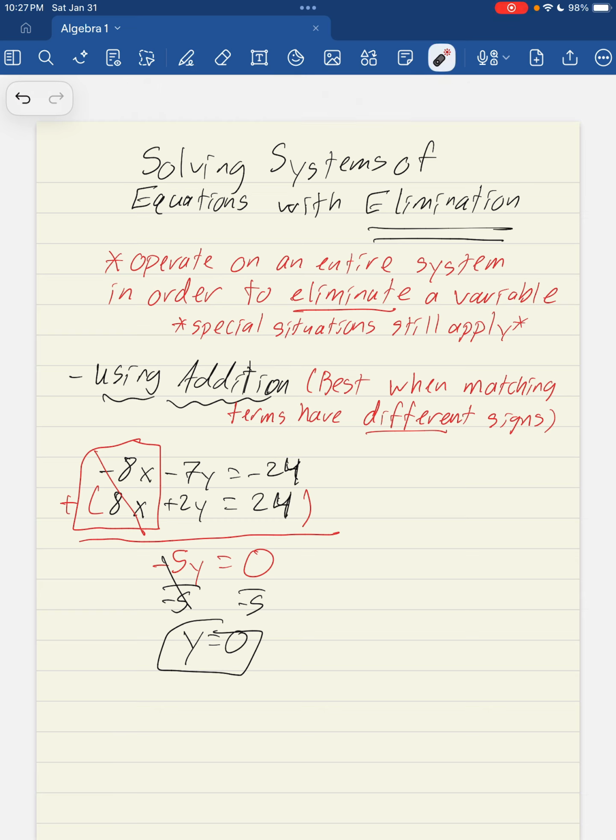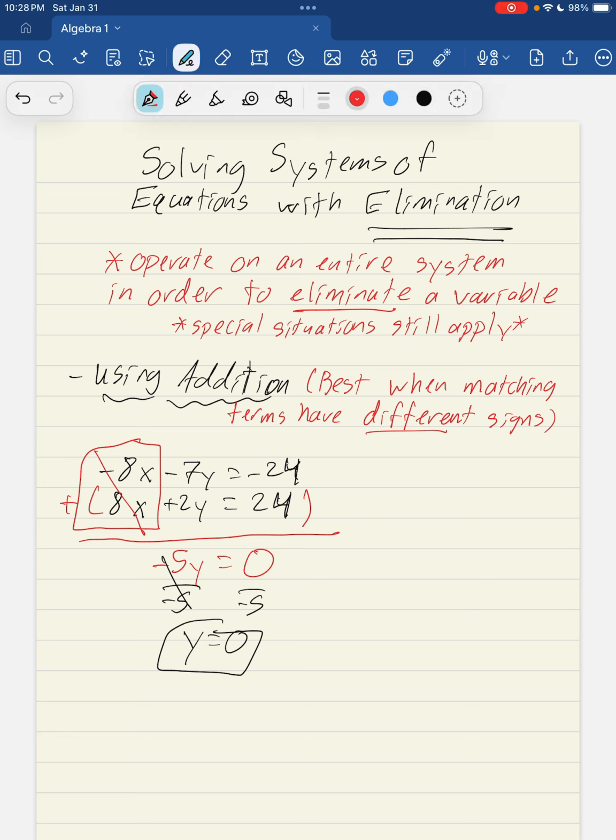What do we do? Well, you have a choice. You can put the y into this bottom equation, or you could put it into the top equation. What I like to do is figure out which one of these looks easiest to work with. This one has an 8 and a 7, and they're both negative. This one has an 8 and a 2, and they're both positive. I like working with positives and smaller numbers, so I'm going to choose the second equation.